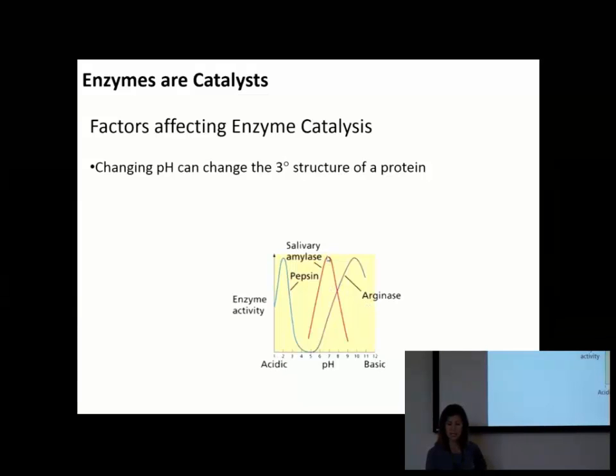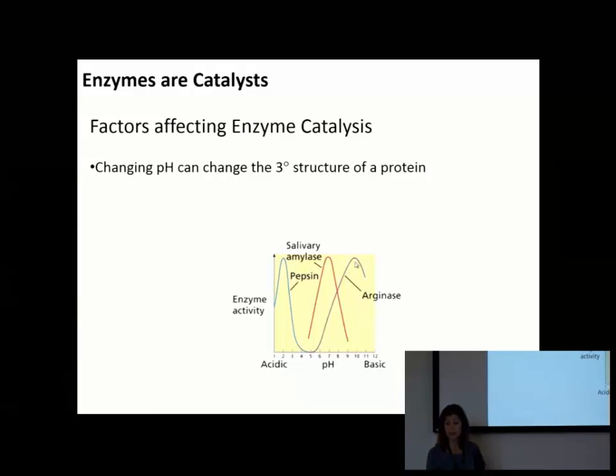Pepsin, where is pepsin? In your stomach, right? Your stomach is very acidic, so it has optimal activity in your stomach. Arginase is where? In your small intestine, right? So that's going to have optimal activity in the basic conditions of your small intestine. It's kind of cool.